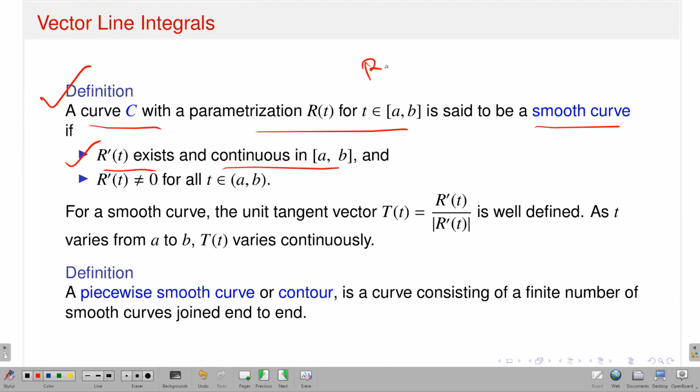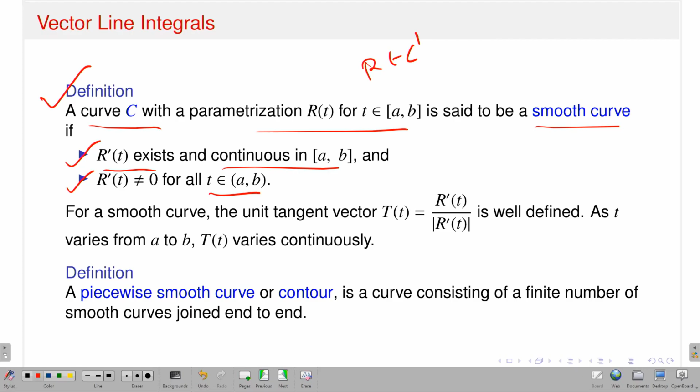That means R should be in C1, which means it is differentiable and the derivative is also continuous. That is the first condition. And the second condition: the derivative should be non-zero for all t in the open interval (a, b). That means R'(t) should be non-zero.